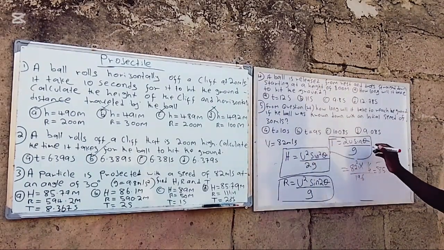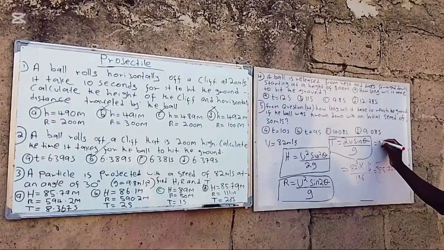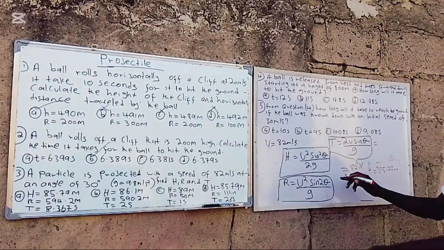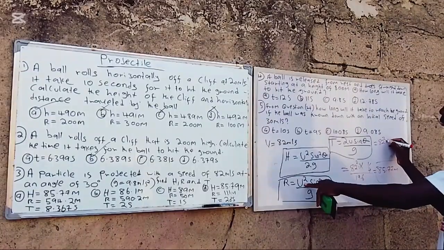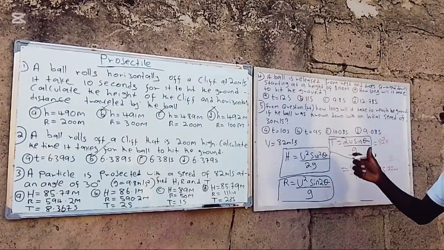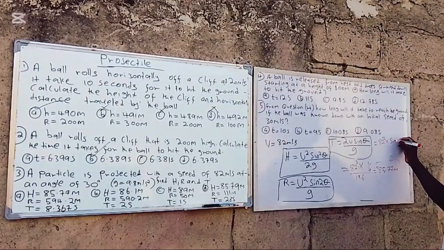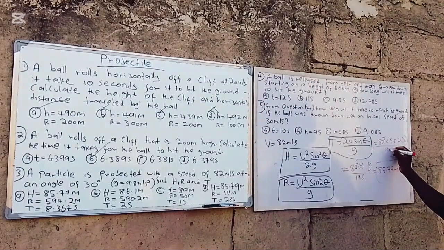Therefore if I am to find the range, this should now be equal to u squared, which is 82 squared multiplied by sine 2 theta, which is sine 2 times 30, and divide by 9.8. So what am I going to get?